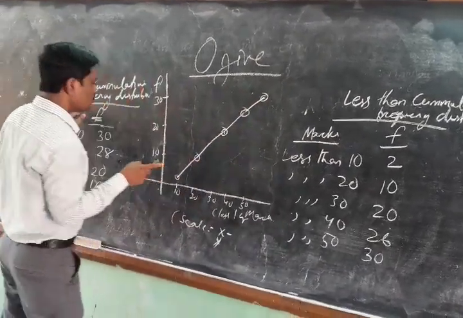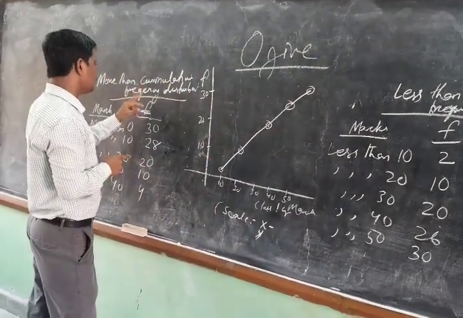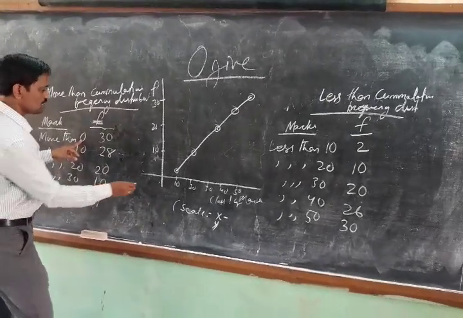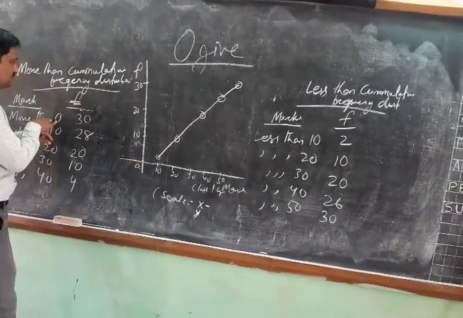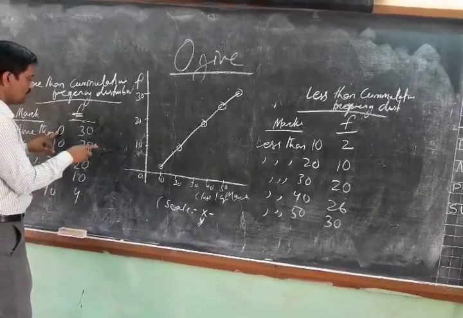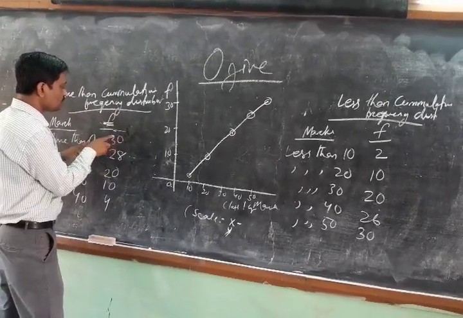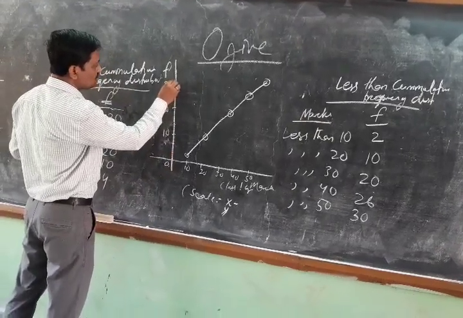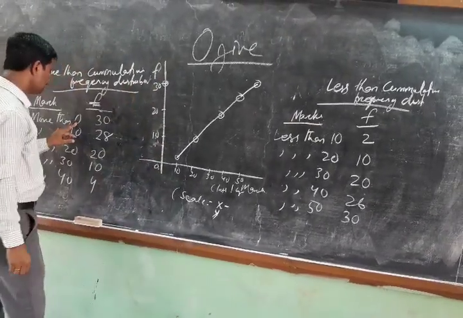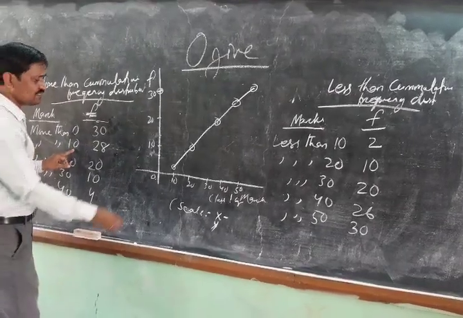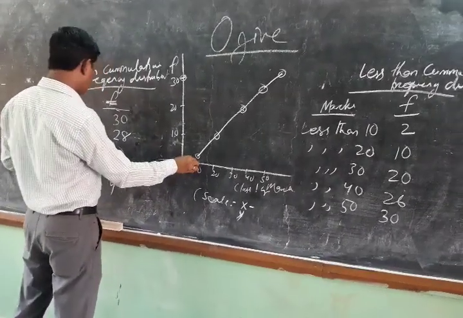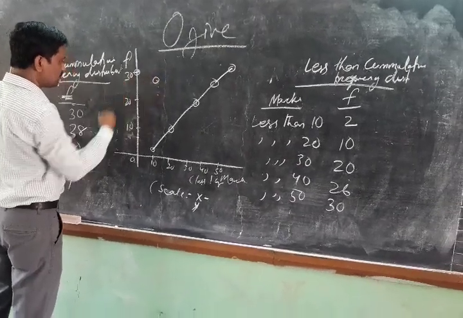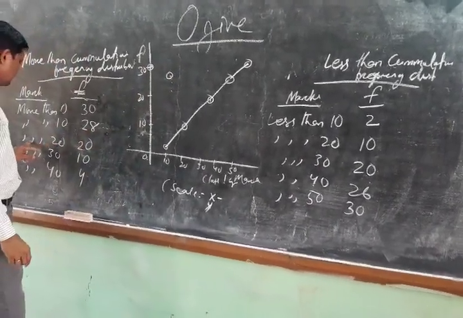Likewise, when you draw the more than ogive, the thing will be different. For more than 0, you have to plot the frequency 30 against 0. So this is 0, this is 30. More than 10 has frequency 28.